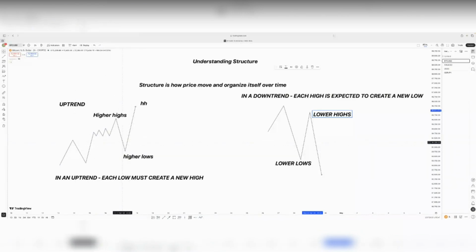In an uptrend, higher highs means this high is higher than the previous high. Like this scenario, this high passed this high, this low passed this low. In a downtrend, it is the opposite. This low passed this low, and this high passed this high.